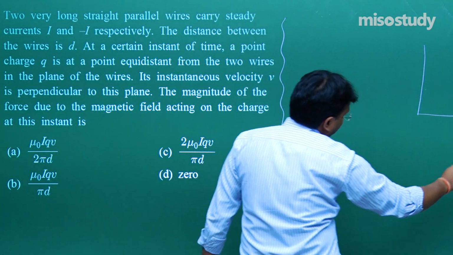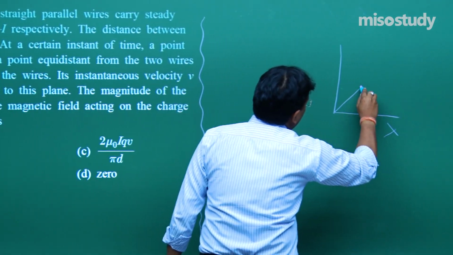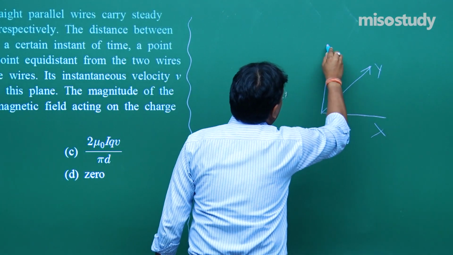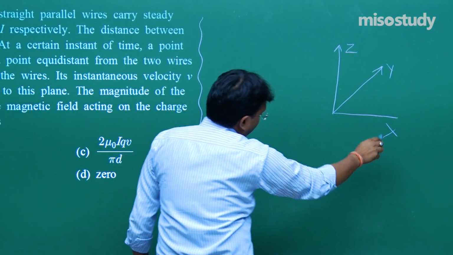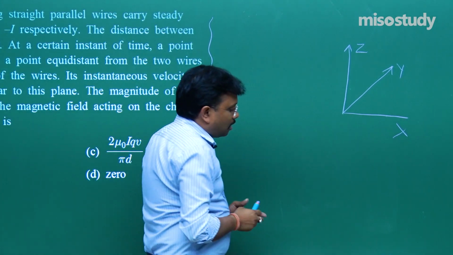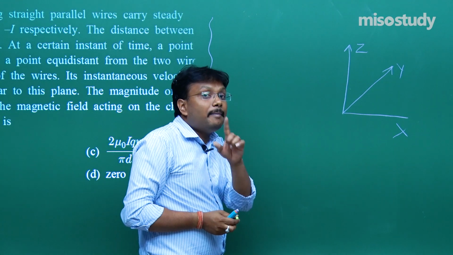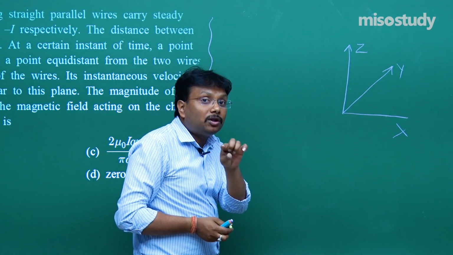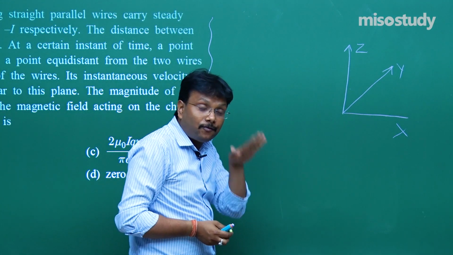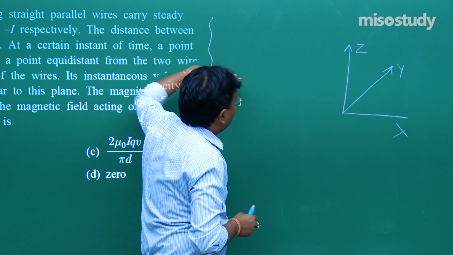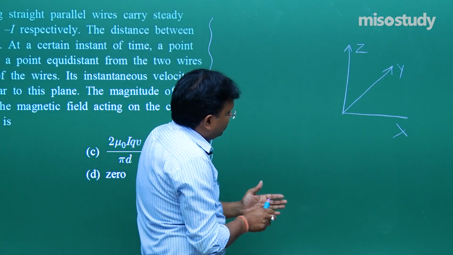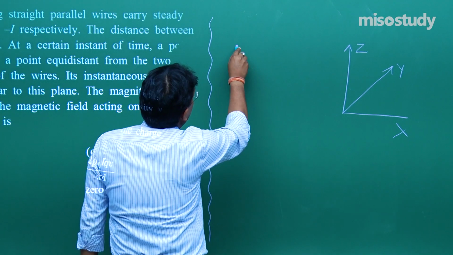Just to show you the situation, here I am giving you a symbolic diagram. X, Y, Z. Now because of the direction of the current, the magnetic field due to both wires is downward. If the wires are like this, the magnetic field of both wires is downward.